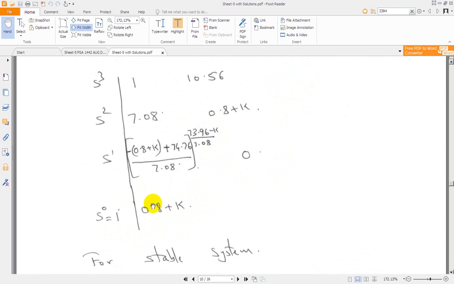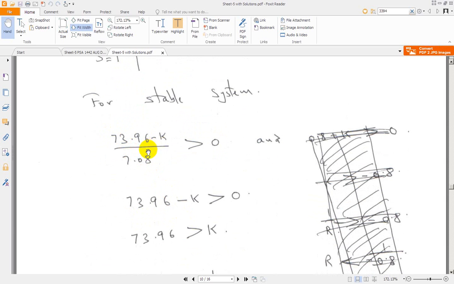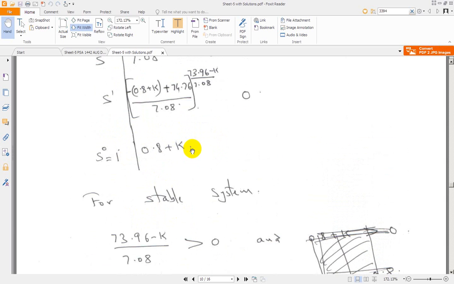Now for a stable operating system, there should not be a sign change. This is positive, this is positive. The first parameter should be positive. Now in this case, it means this parameter should also be positive and this parameter should also be positive. It means one value is 73.96 minus k divided by 7.08 should be greater than 0.